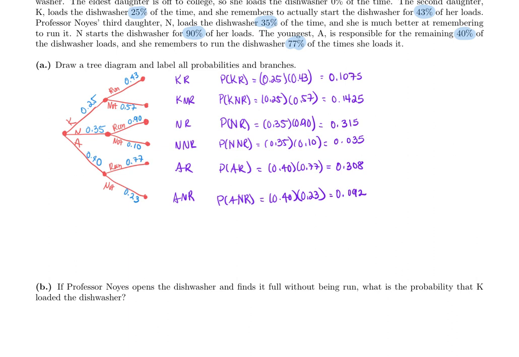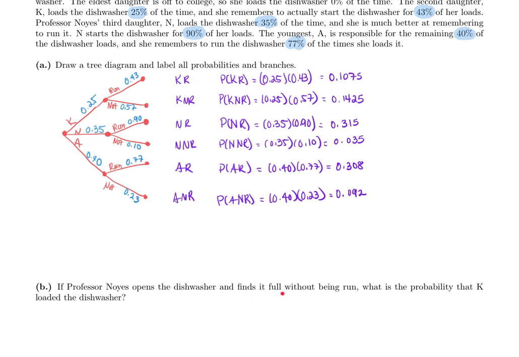So if I open the dishwasher and find it full without being run, what is the probability that K loaded the dishwasher? Well, you might think, okay, then that's just this, K loaded and didn't run, this 0.1425. But it's not that simple, because there are other people who could have loaded the dishwasher.